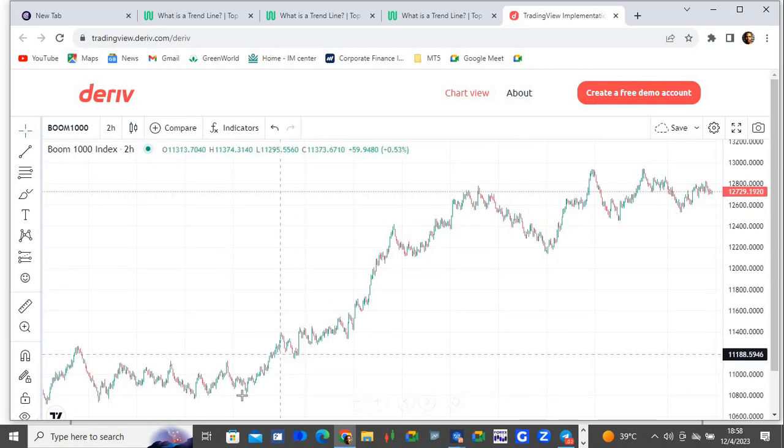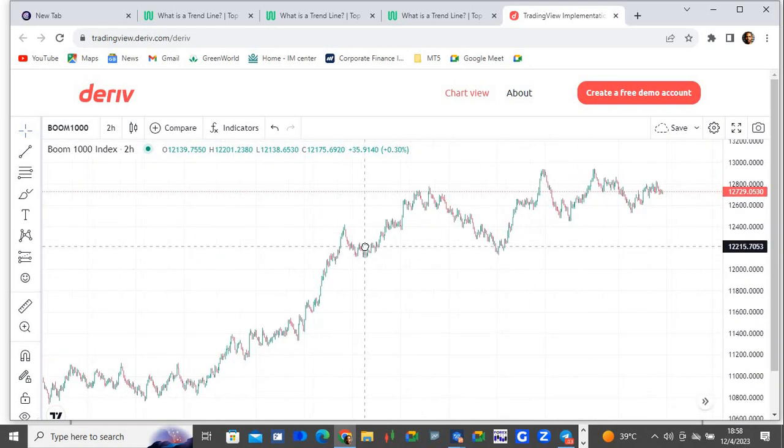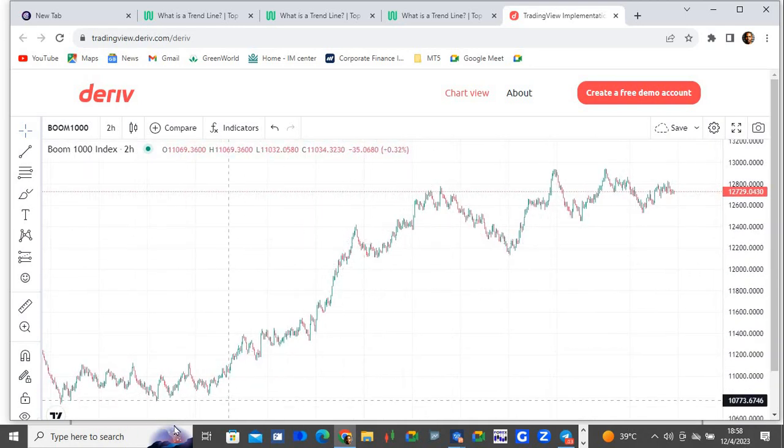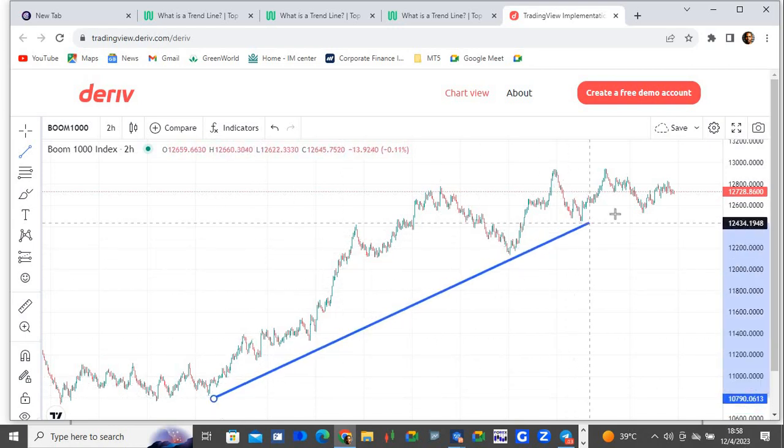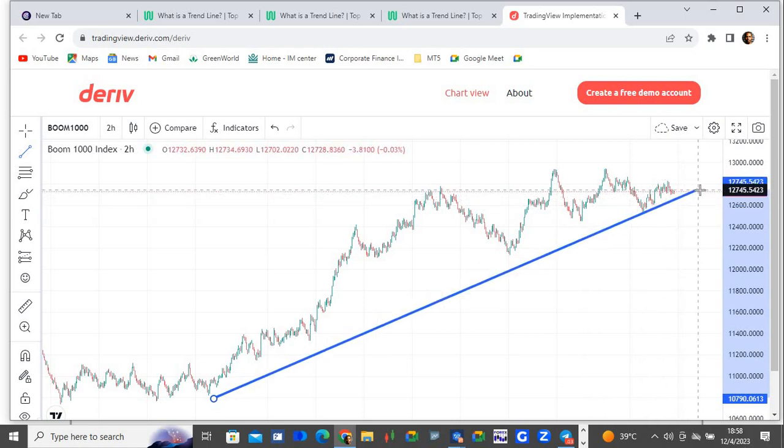We look at this point here, the last point that we are able to see down below. That is where we'll put our trend line, and make sure it is straight.